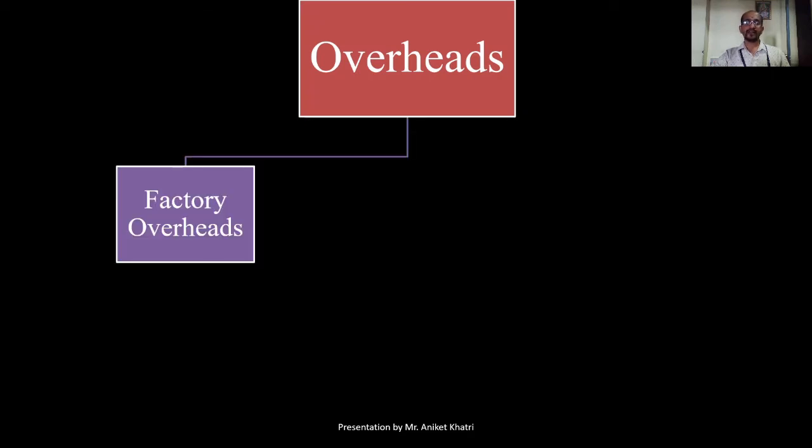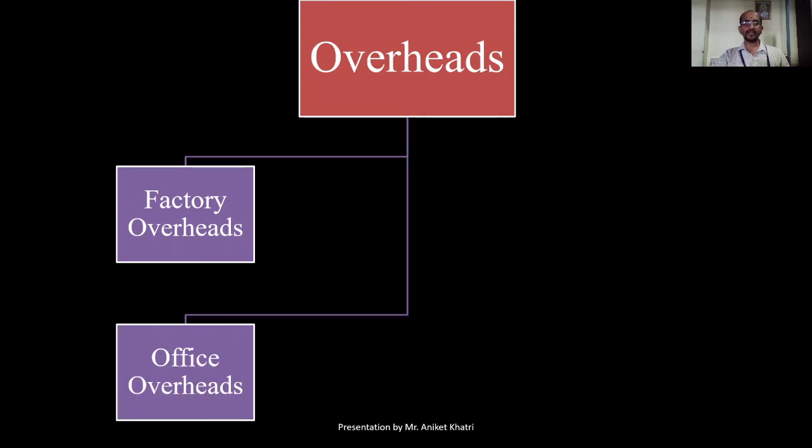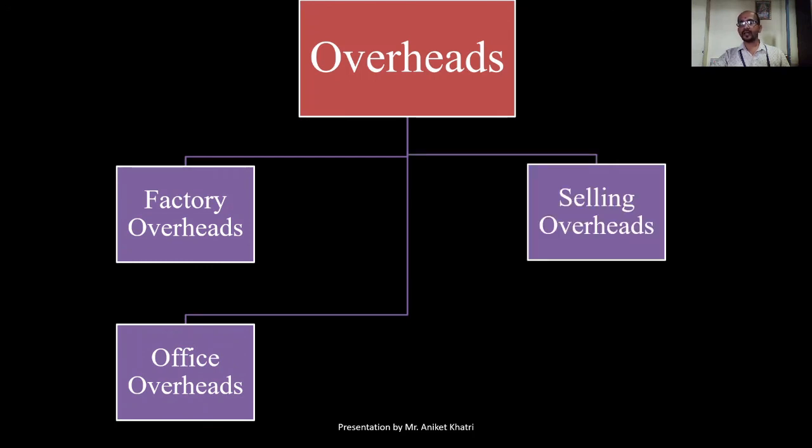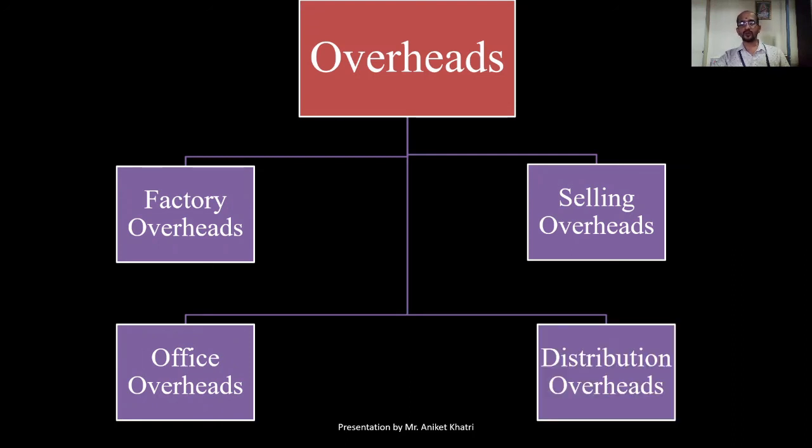For example, factory overheads: whatever expenditure we incur in the factory. Office overheads, the expenditure we incur in the office. Then selling overheads, the expenditure incurred for selling the goods. And distribution overheads, the expenditure incurred for distribution of goods. This is one of the classifications of overheads. In detail, we are going to see it in the upcoming videos.